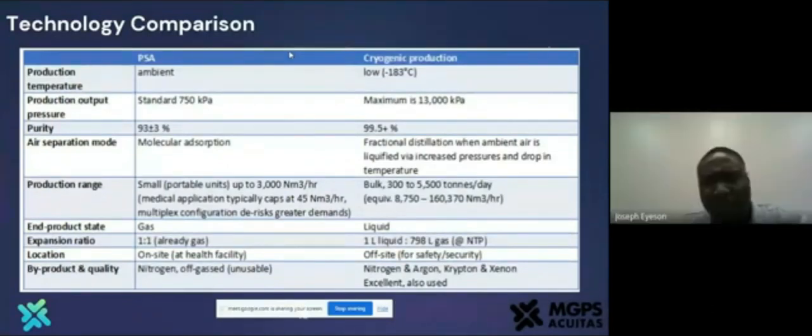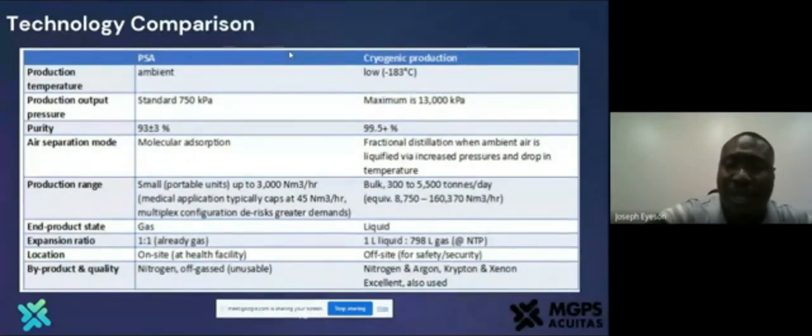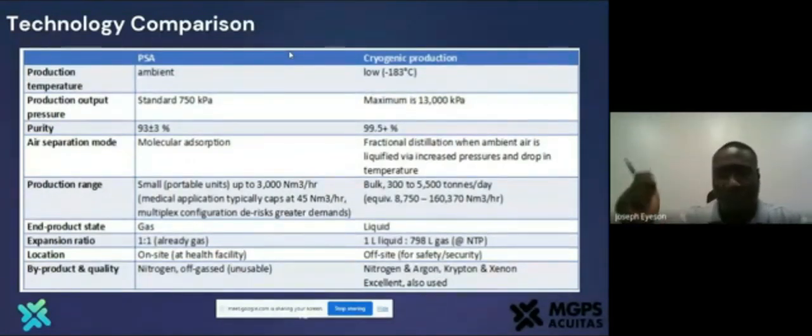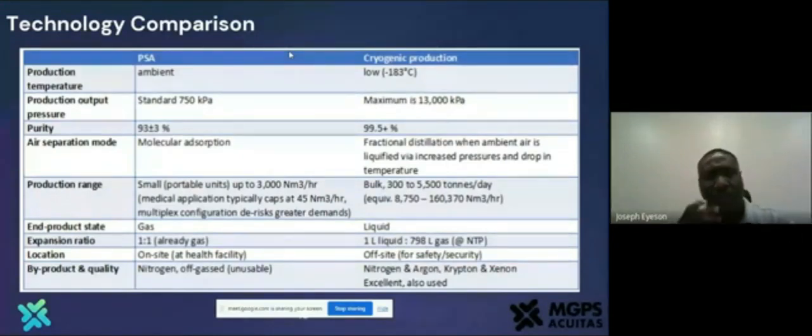And when you look at the expansion ratio, 1 liter of liquid can give you about 798 liters of gaseous oxygen. So it tells you that if you have a small volume of liquid oxygen, you can get more gaseous oxygen. Now, the byproduct for the PSA system is nitrogen.